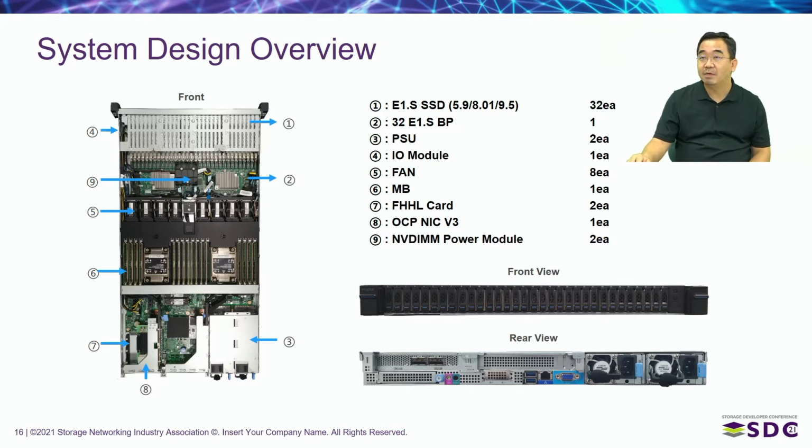To be optimized for a shared network storage node, the Poseidon system comes with a total of 32 NVMe SSDs, delivering up to 256 TB of capacity. It also provides up to 400 gigabit Ethernet of network bandwidth with RDMA capability to deliver high bandwidth and low latency I/O.